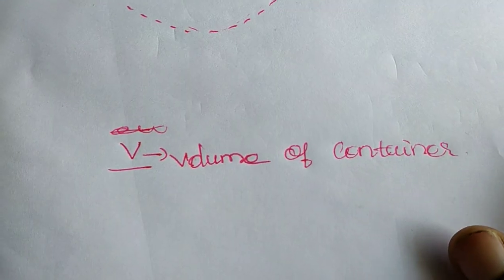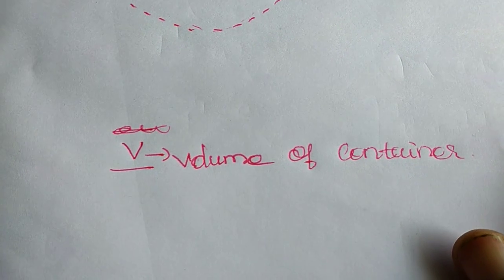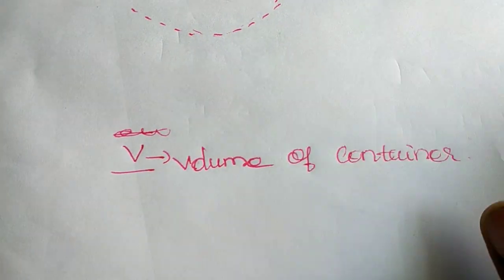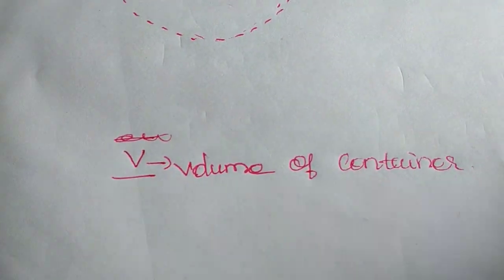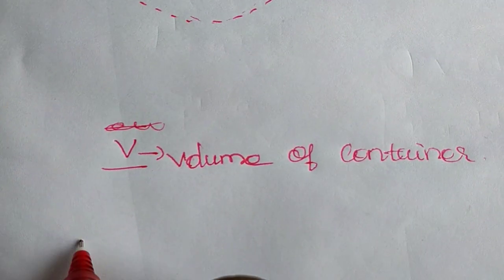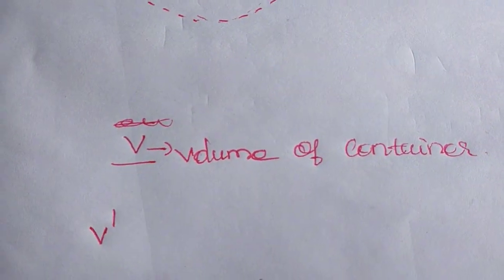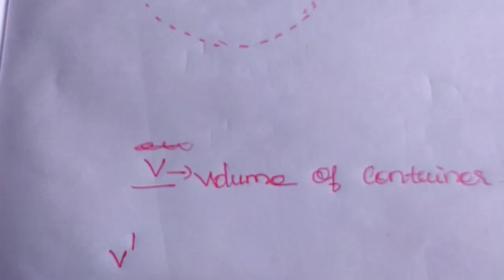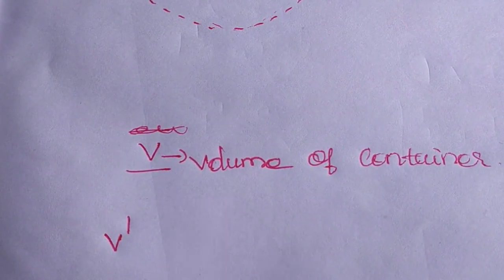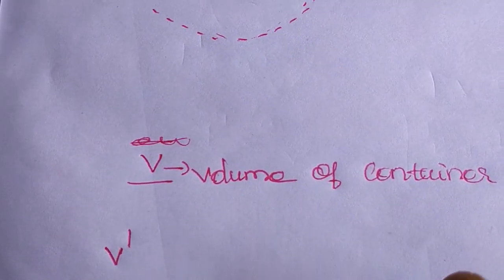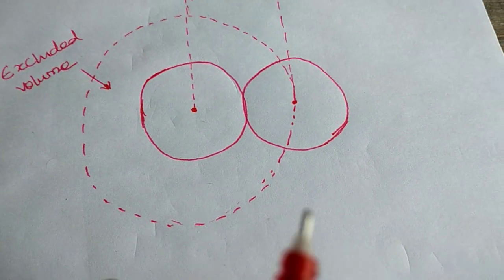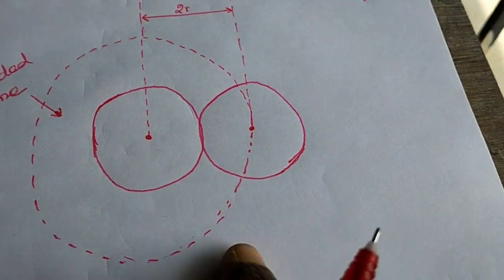So the volume of an individual molecule is less than the volume of container V. Van der Waals introduced one term, V dash, as the correction factor of volume. In the Van der Waals volume correction, we took the molecule as a sphere.